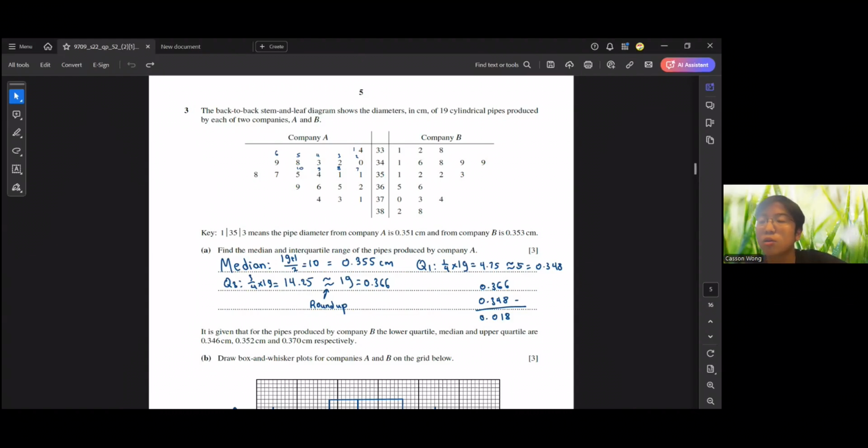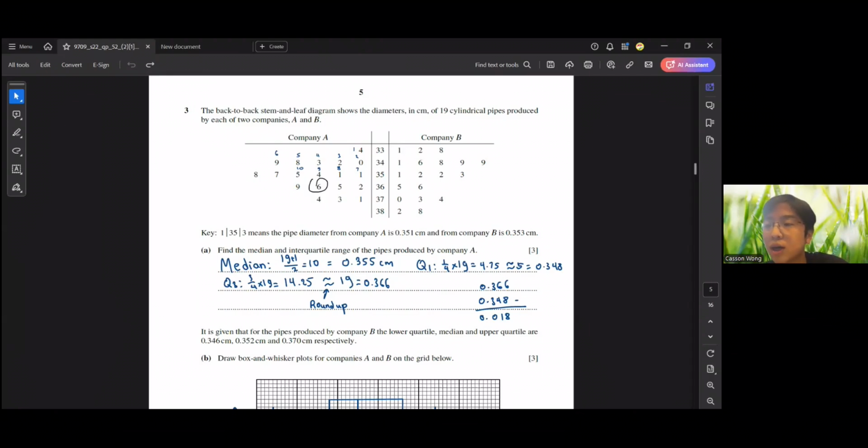For the interquartile range, it is Q3 minus Q1. To find Q3, it is 3 over 4 times n, which is 14.25, but we rounded up to 15. And the 15th place is this one, 0.366.